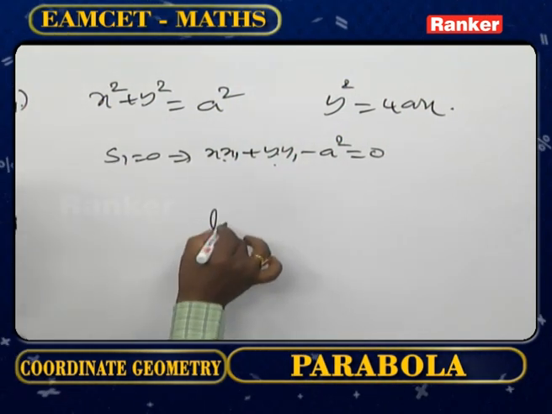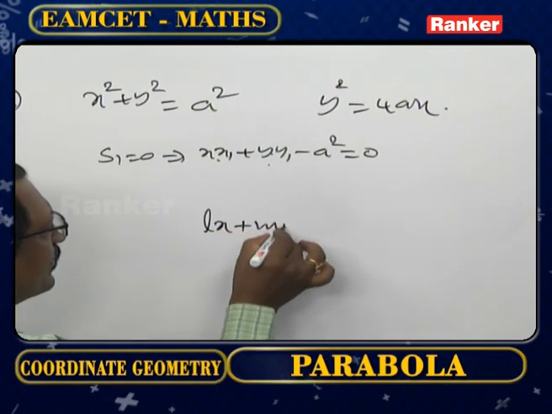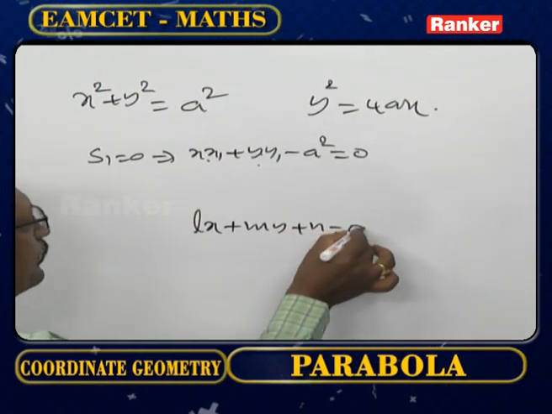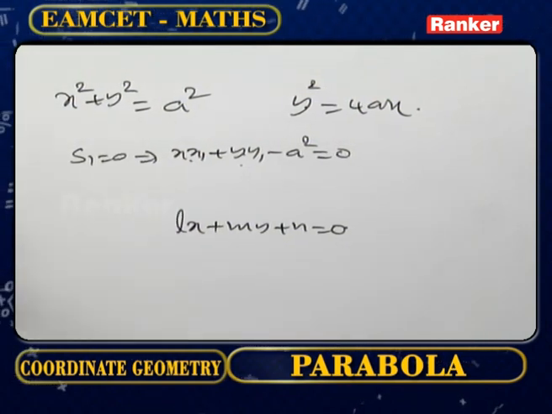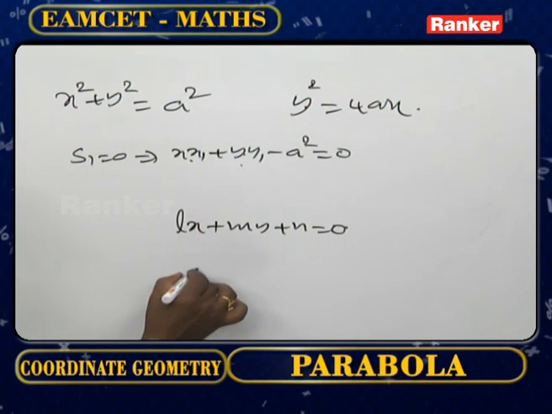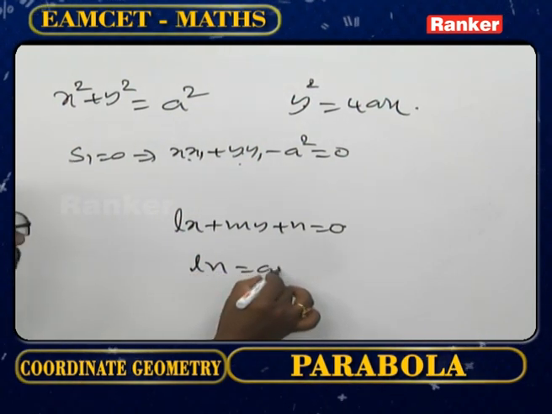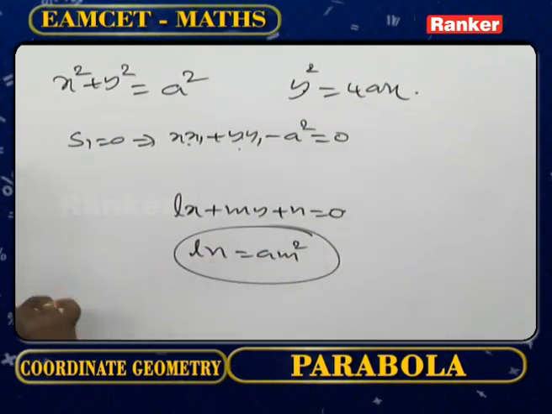If a line Lx plus My plus n equals 0 touches the parabola y square equals 4ax, then the condition is ln equals a m square. Direct formula.